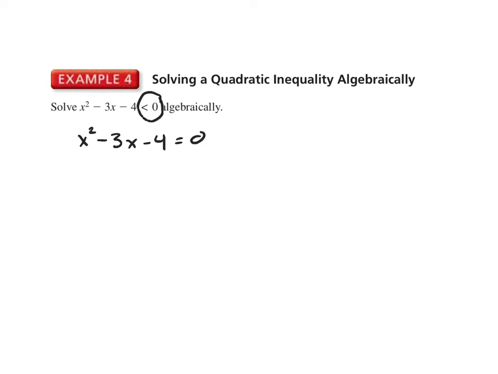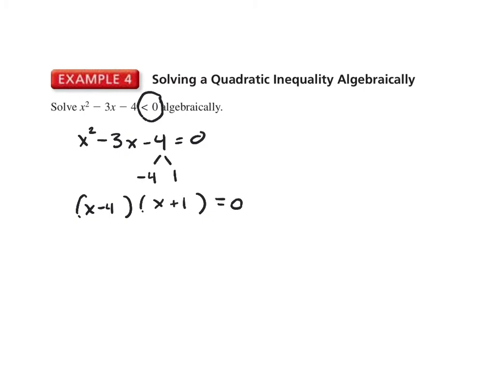And we solve it just as we would from the last sections. So what are two factors of negative 4 that add up to negative 3? Negative 4 and 1. Perfect. Negative 4 times 1 is negative 4. Negative 4 plus 1 is negative 3. So we're going to put those in our parentheses. We have x minus 4 and x plus 1 is equal to 0.